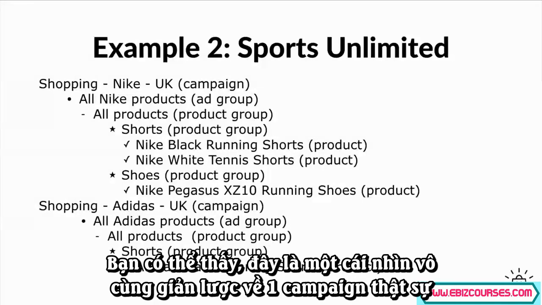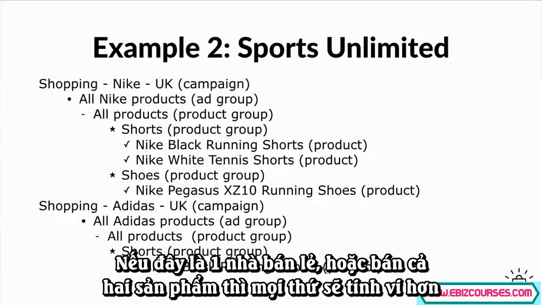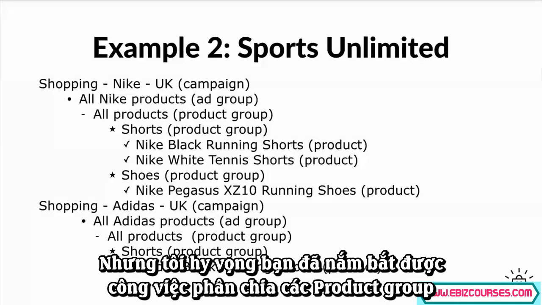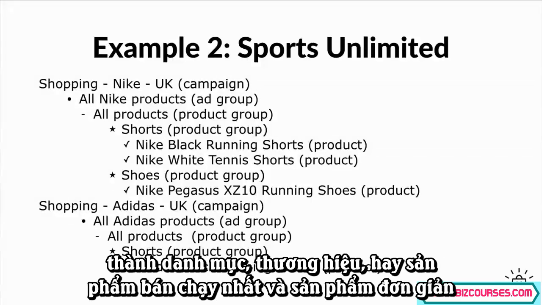So you can see this is a very, very simplistic view of the actual campaign. If this was really a retailer selling both products, it would look a lot more sophisticated. But I hope you get the hang of subdividing that all product group into different types of categories or brands or actual bestsellers versus simple ones.